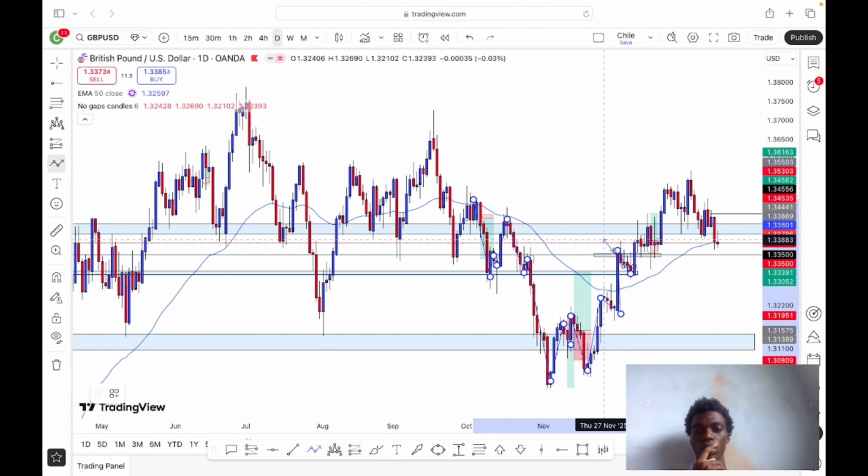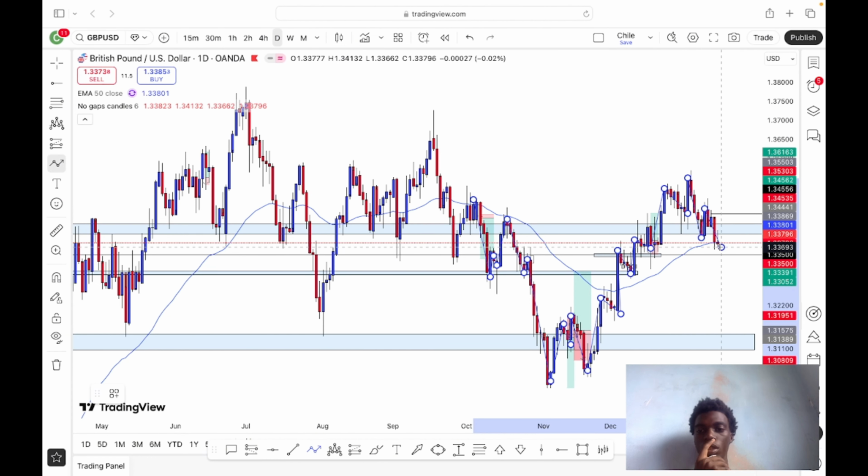Then right here it shifted structure on this area because it broke the previous lower high and became a bullish trend, and it started trending up again. Right here it became a bearish trend because it broke the higher low.